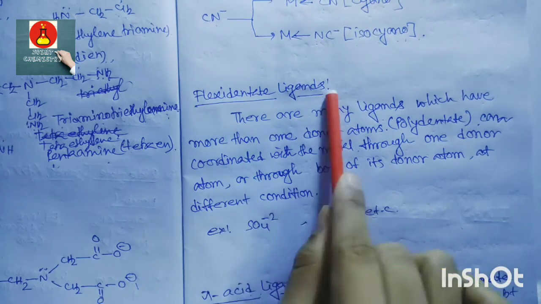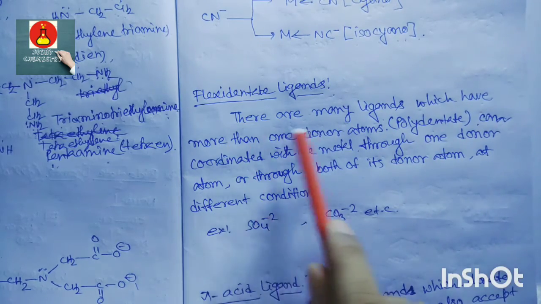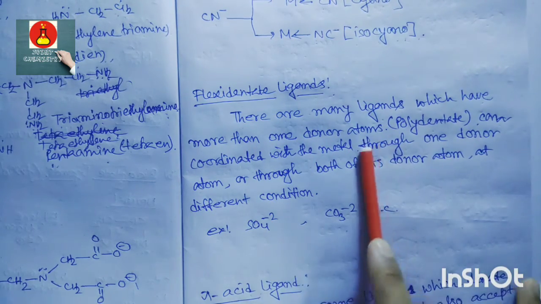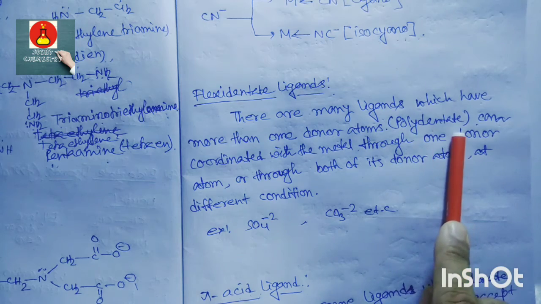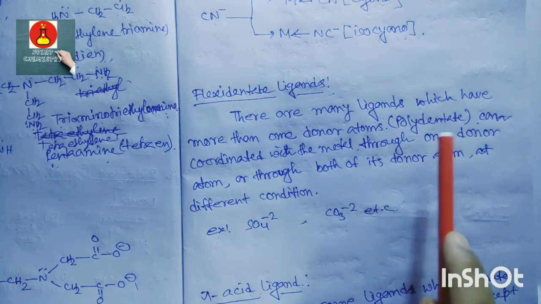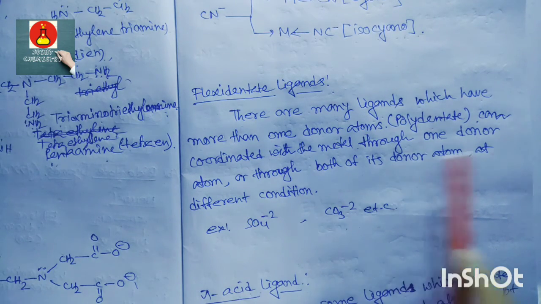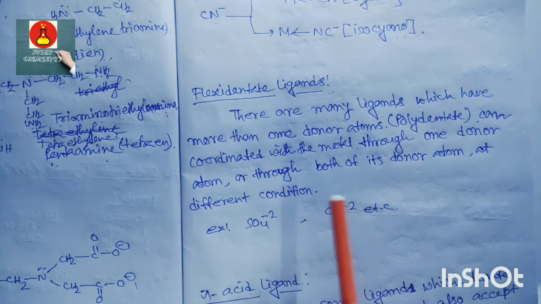Now, flexidentate ligands. There are many ligands which have more than one donor atom, commonly known as polydentate ligands, which can coordinate with the metal through one donor atom or through both of their donor atoms under different conditions.